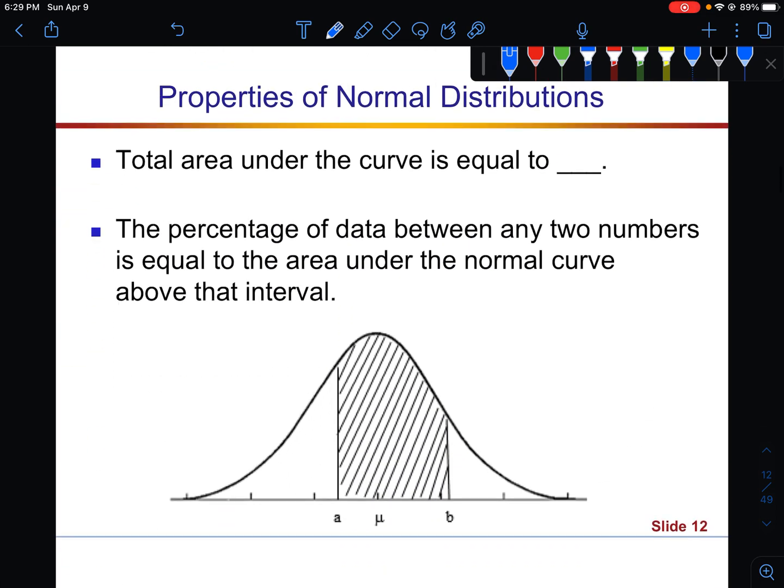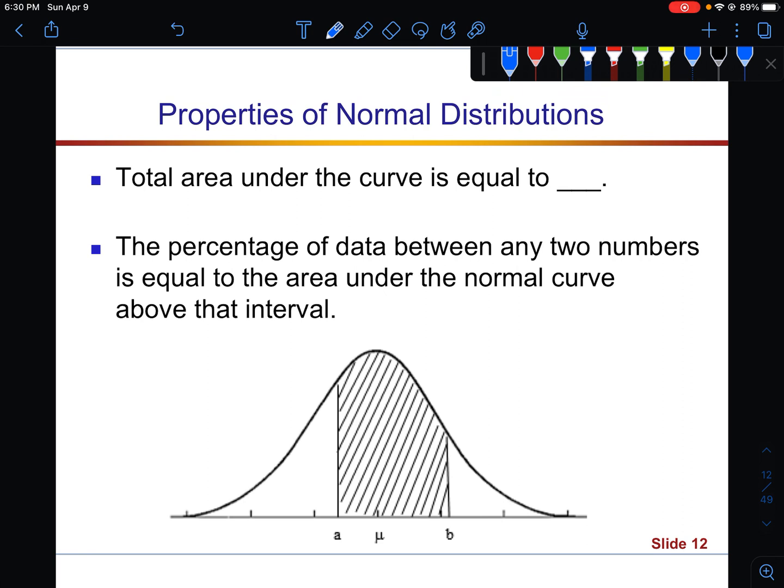And so when I was talking about that, when we talk about a normal distribution, the space under here is really talking about the area or the percentage of how many people fall into that category. So again, if we were talking about SAT scores, right?